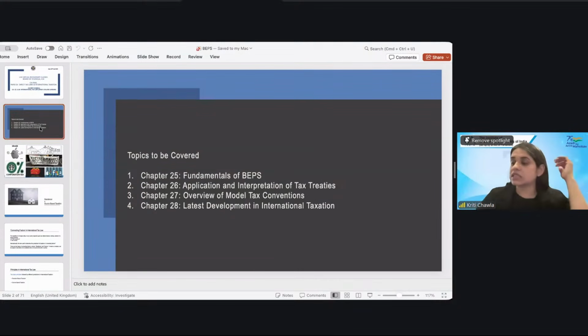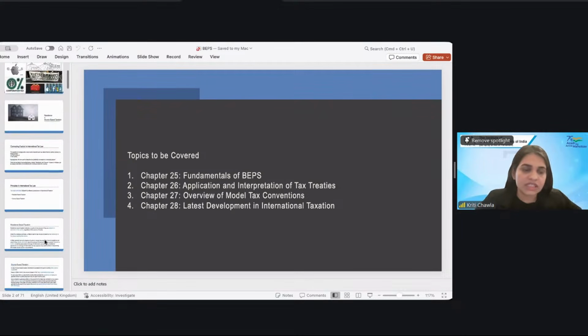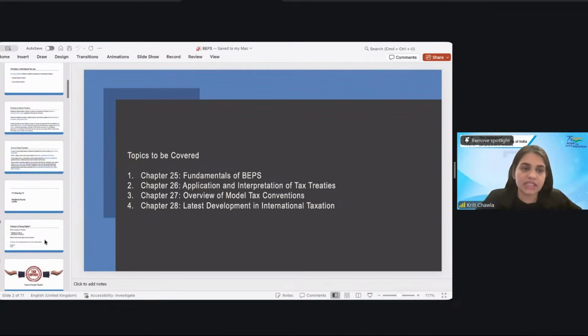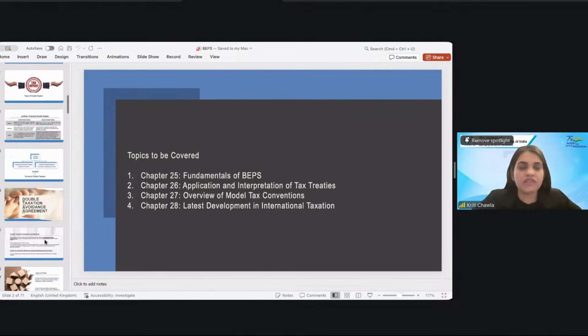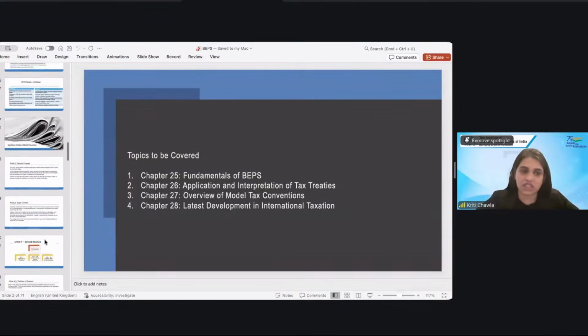Now, after we discuss this concept on residence and source based taxation and the basics of international taxation, we will be talking about tax treaties. So I'm going to take the flow in a very logical manner, and then we will be talking about tax treaties or double taxation avoidance agreements. From there we will be talking about all the articles of the model taxation convention.